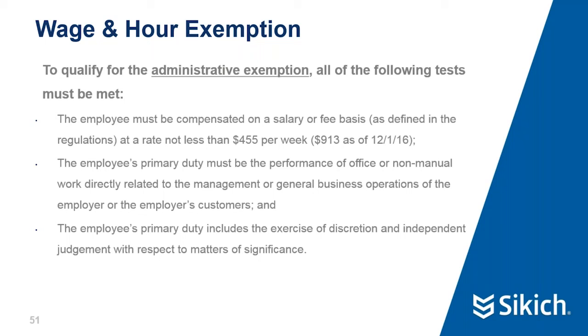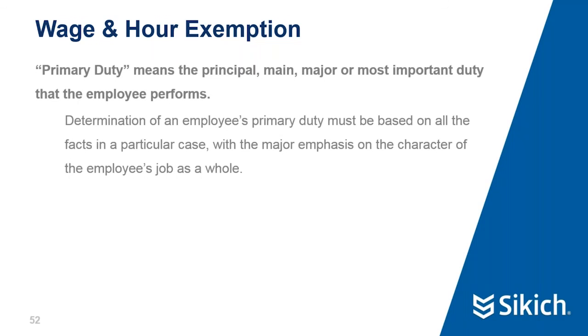And their primary duty includes the exercise of discretion and independent judgment with respect to matters of significance. So if they do not meet all of those parameters, then they would not be eligible to be paid as an exempt employee, and therefore would then be eligible for overtime.